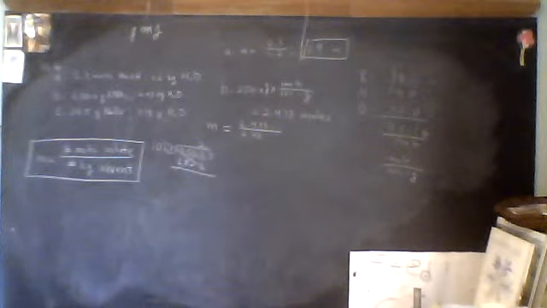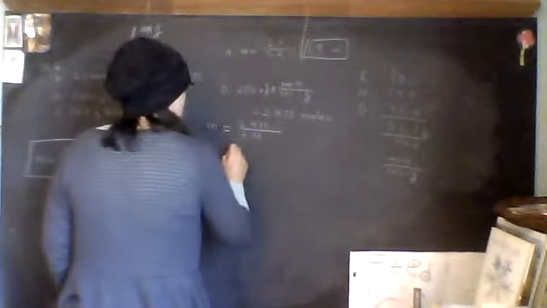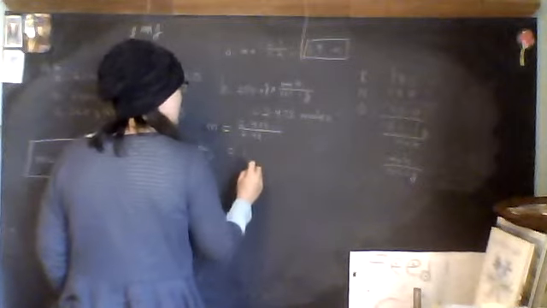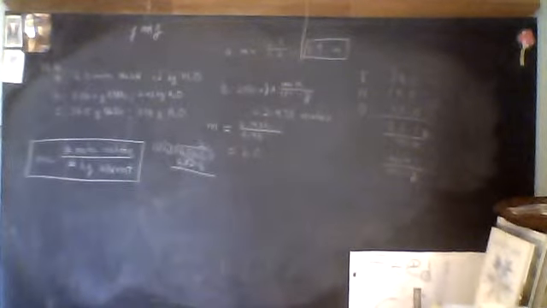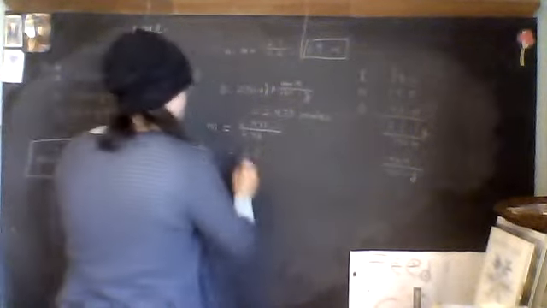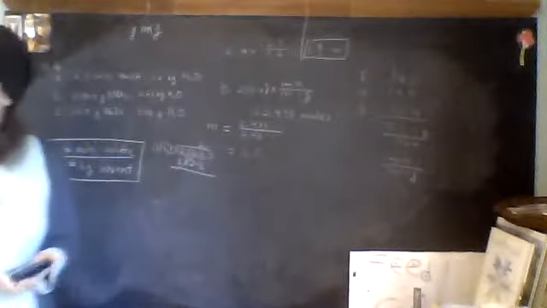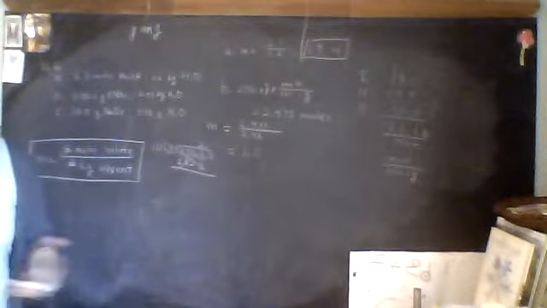2.473 divided by 2.43. It's 1.01, not 1.08. Listen, when you're giving me the calculator number, don't do the rounding.